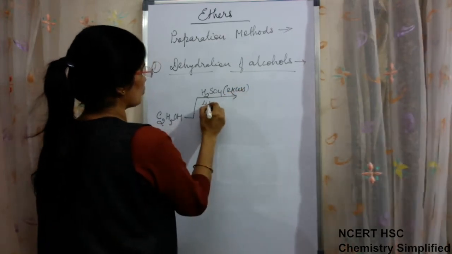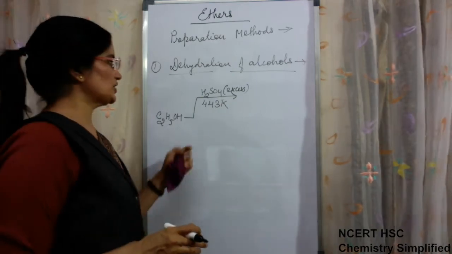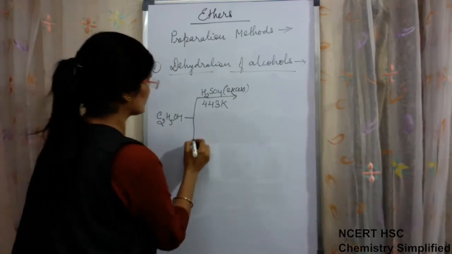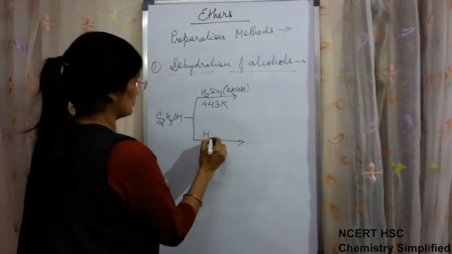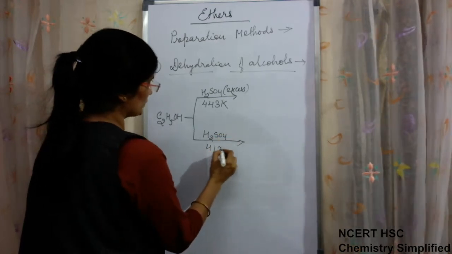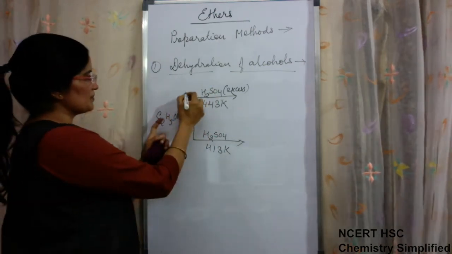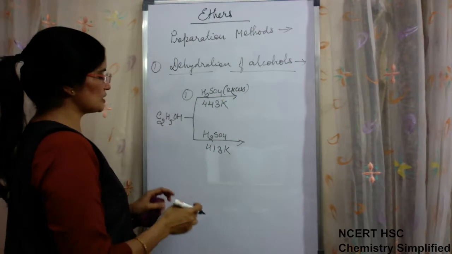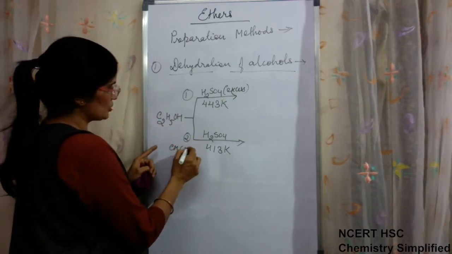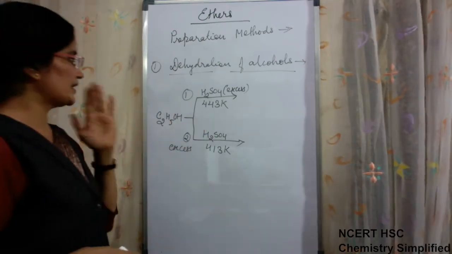And temperature 443 Kelvin. In all reactions we don't mention temperature, but when we are mentioning it we have to remember it also. Okay, same at 413 Kelvin. At this time in the first reaction sulfuric acid was used in excess. In the second reaction, ethanol is used in excess. I will explain the reaction separately again. We are just writing in summary form.